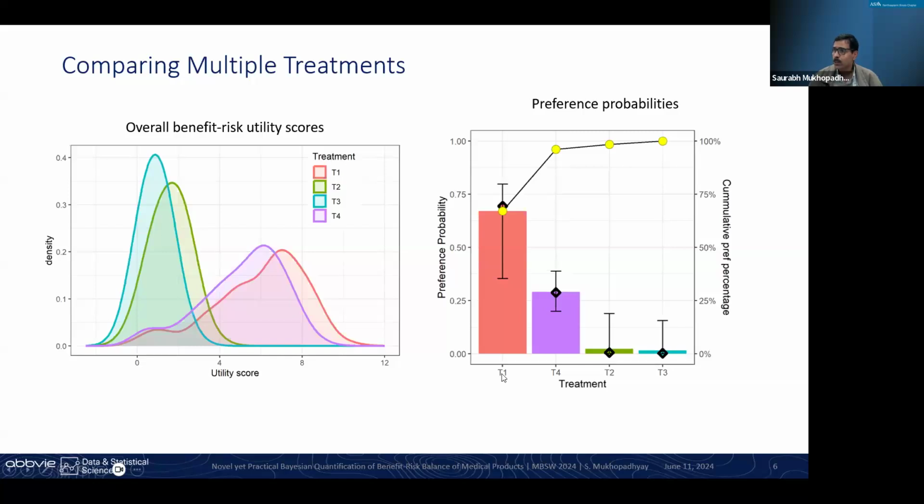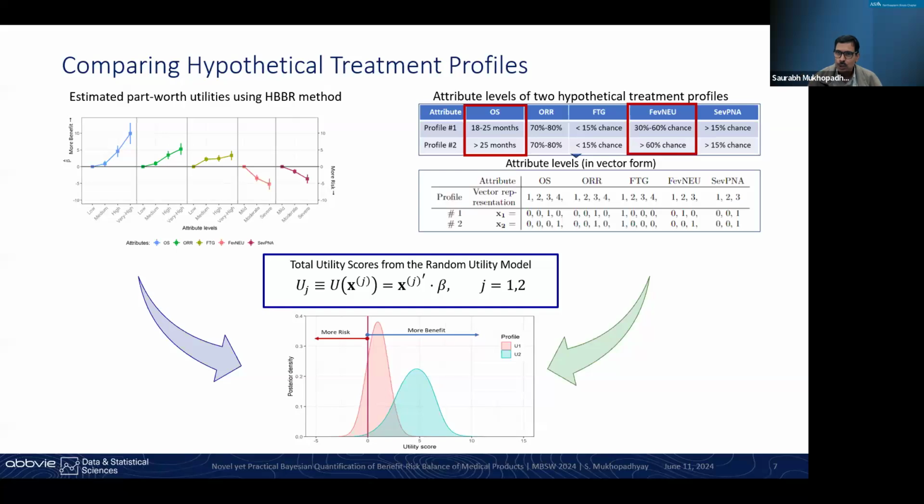With that rapid description, I have just one more slide to talk about the hypothetical treatment profile. Sometimes you don't even have results from clinical trials. You can even assume some of the results, and you can still see how the treatment will look in the real world if that's what you actually get out of that clinical trial.